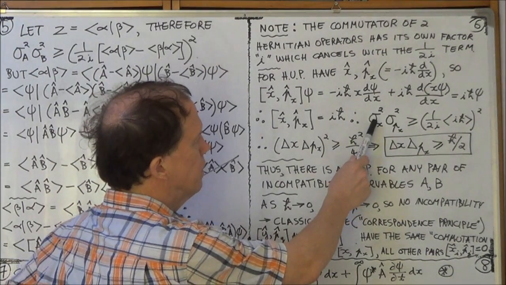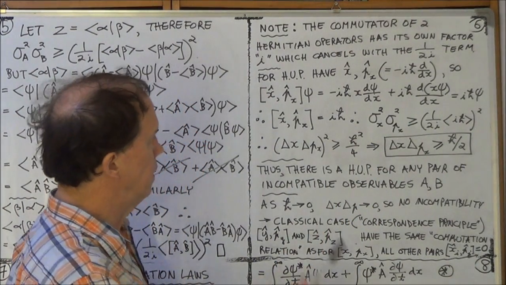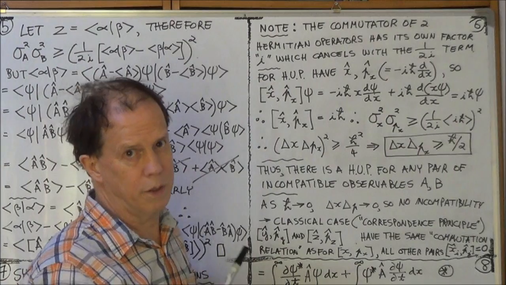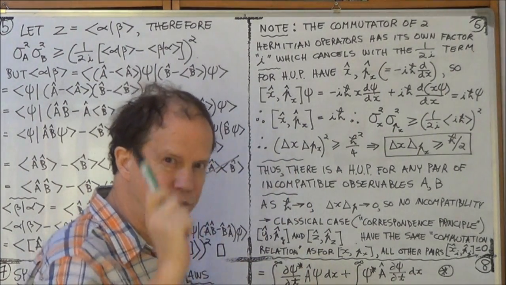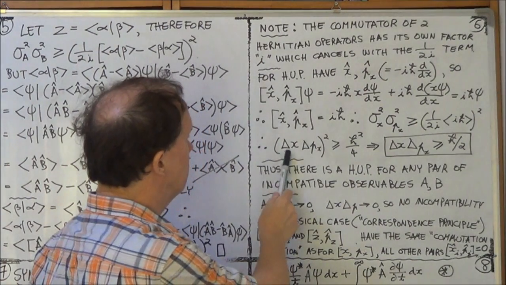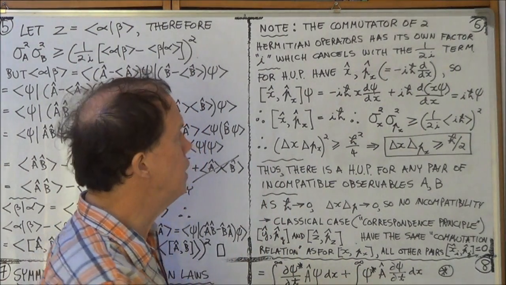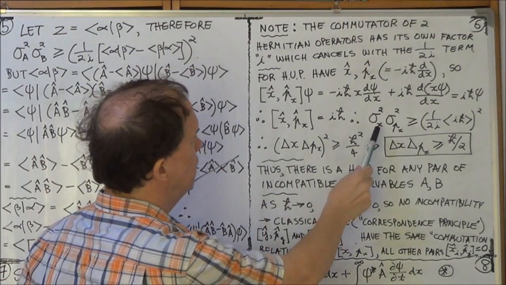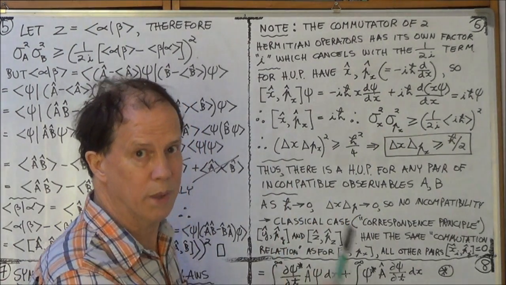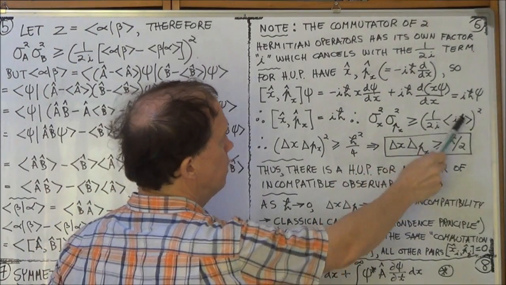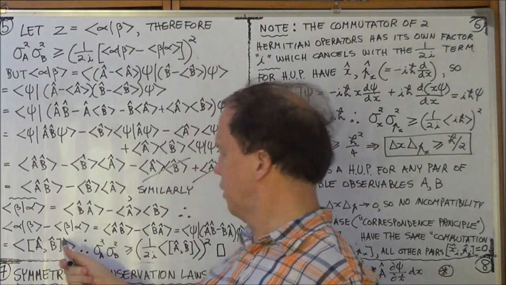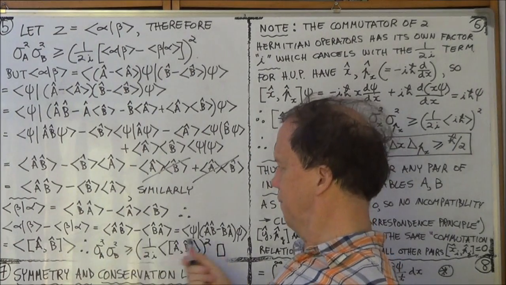Now this is sigma, the standard deviation. For the Heisenberg uncertainty principle, now we're using much more rigorous math. We defined the uncertainty, this delta x, as the standard deviation. So this delta x here and this sigma x are the same thing by definition. So here's what we got from the general formula.